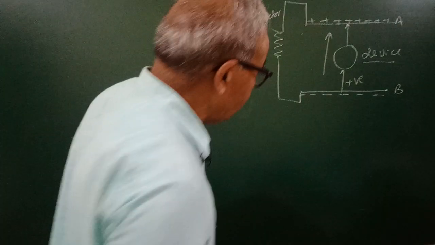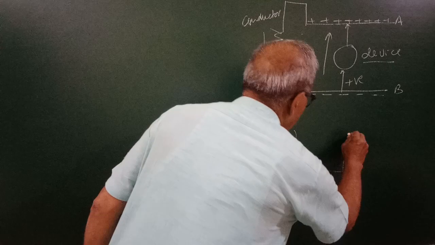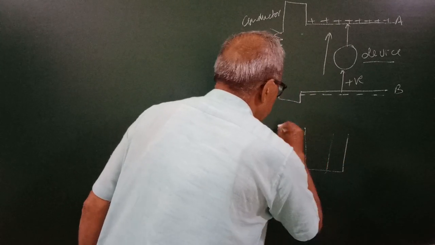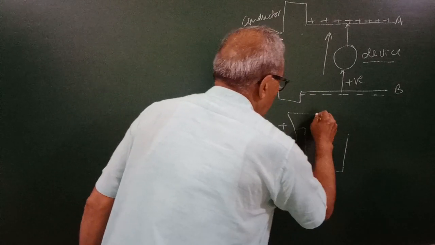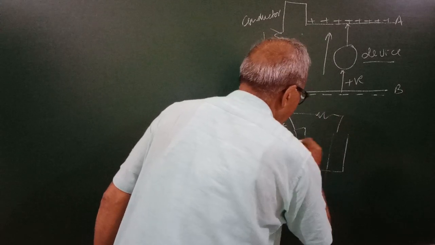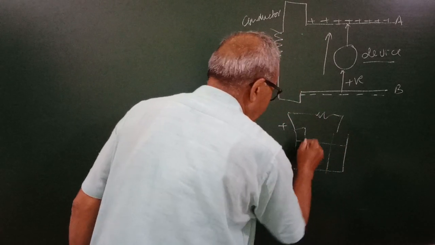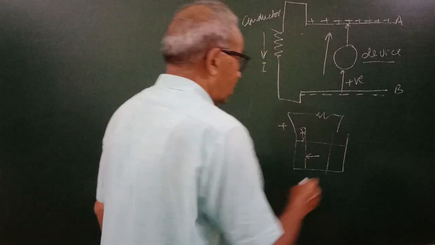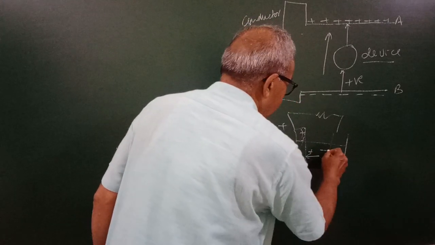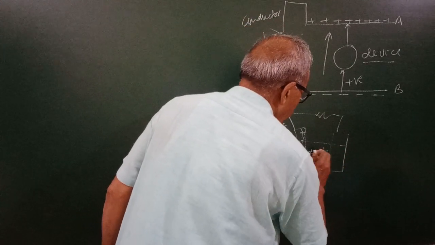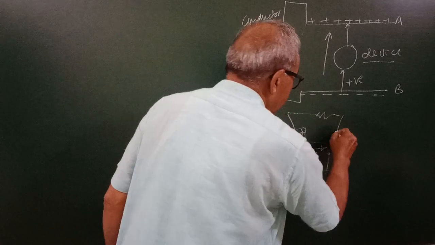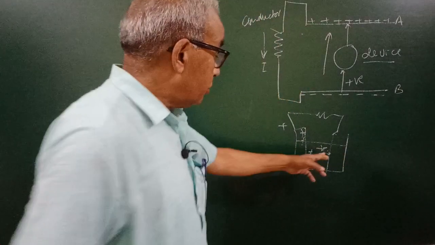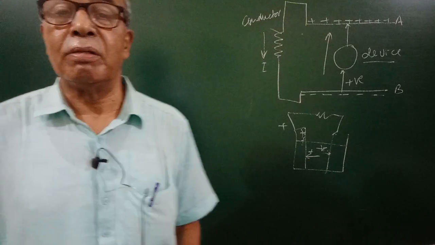Because inside the cell, when current flows, it goes from negative to positive terminal. So positive charge flows inside the cell this way, while the terminal is already positive. Positive ions go this way and negative ions this way, against the like charge, so they have to do work against repulsion.